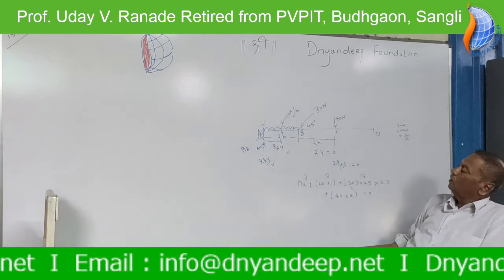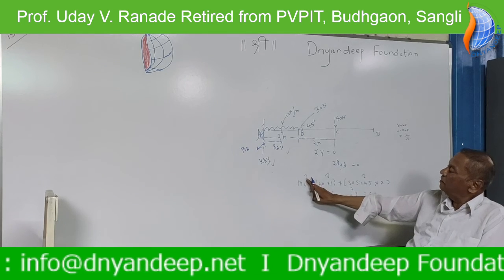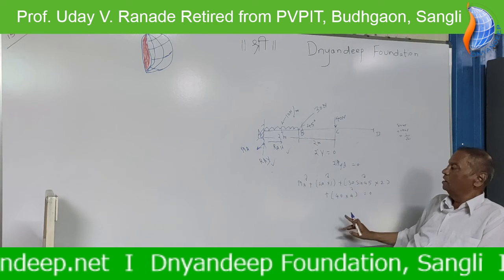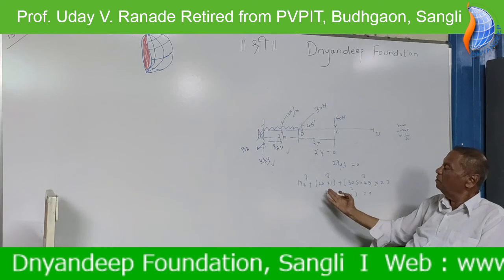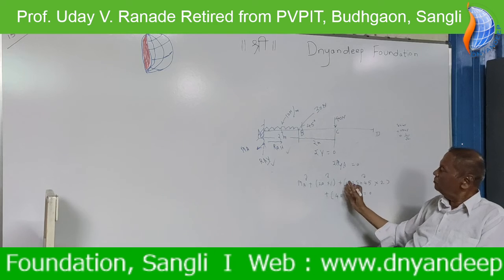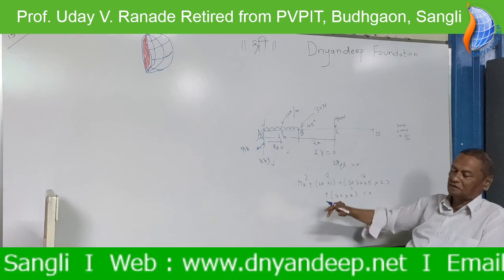Now we will come to know MA. We have considered it like this, and all these are like this. So naturally MA will be in the negative sign of this, meaning like this.